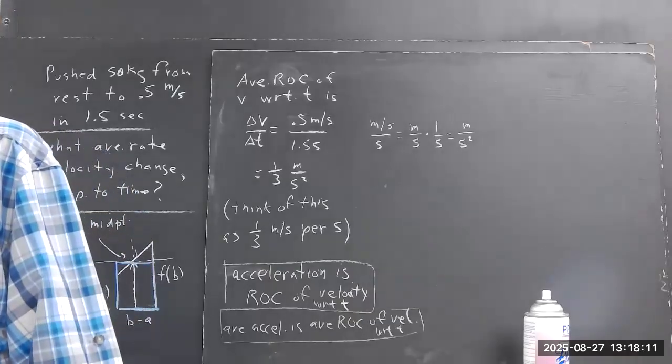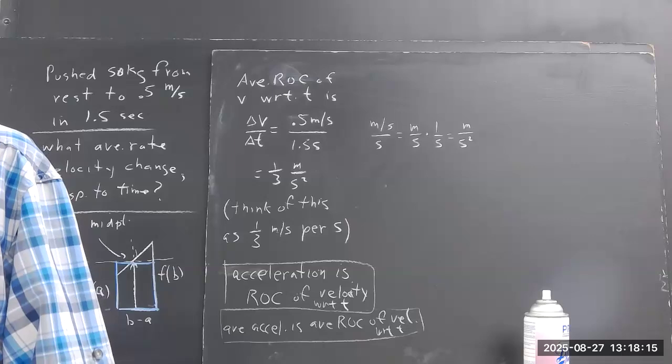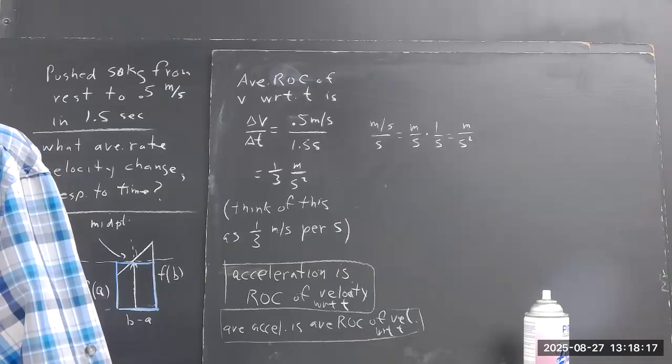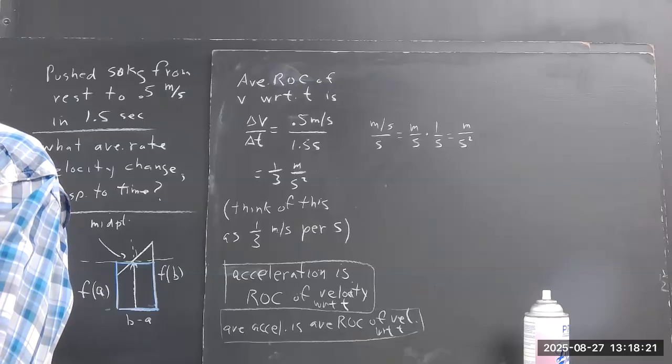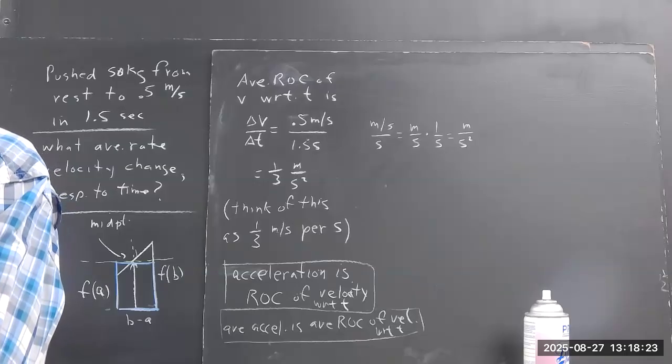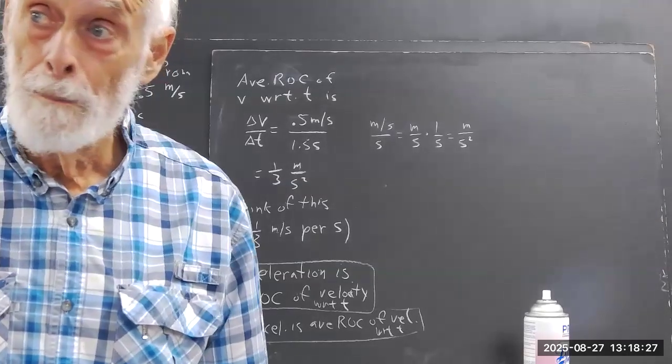Okay, well, the cart was right there. What was the rate of change of velocity with respect to distance? You take the change in the velocity over a short distance and divide that by the distance. You get the rate of change of velocity with respect to distance, right?